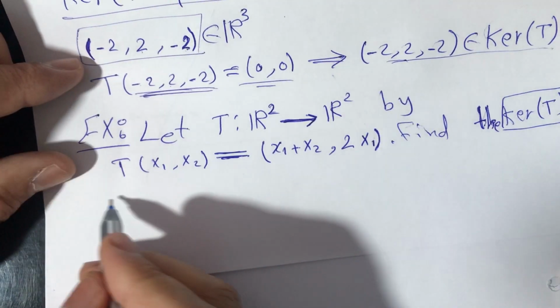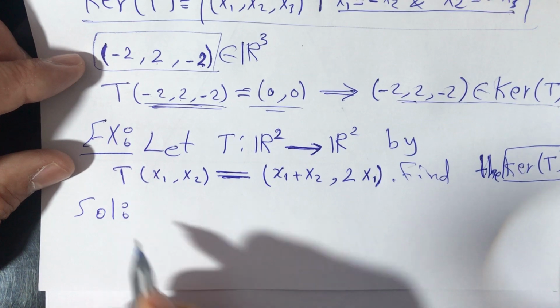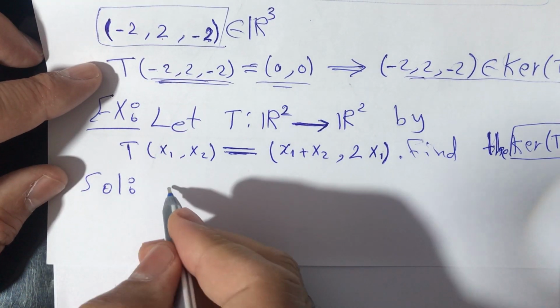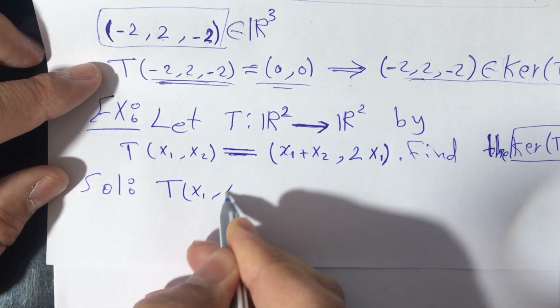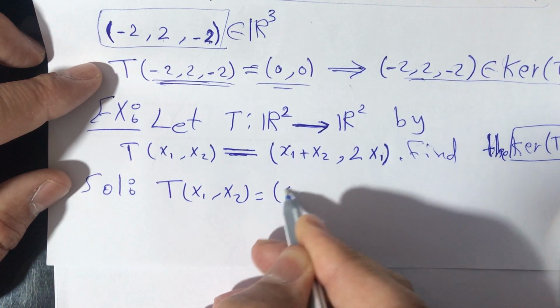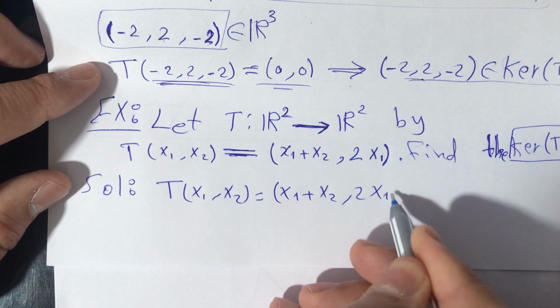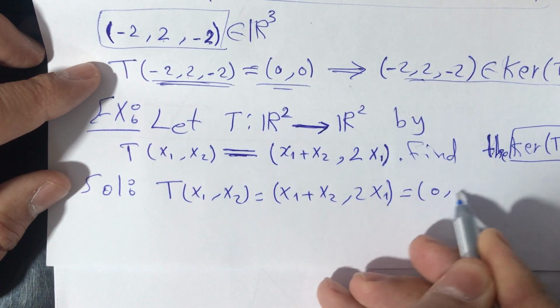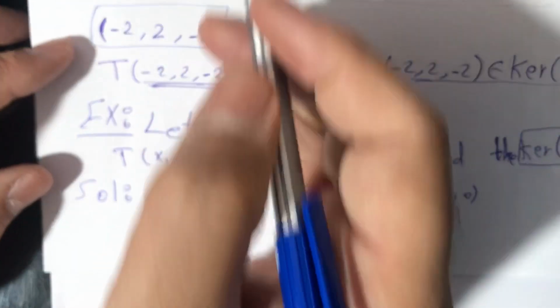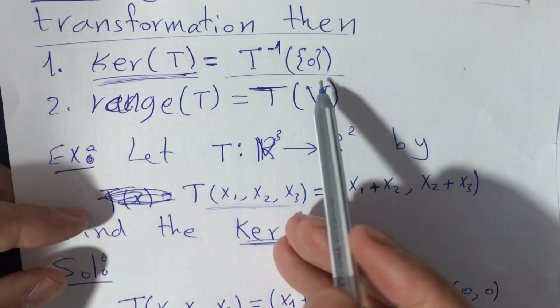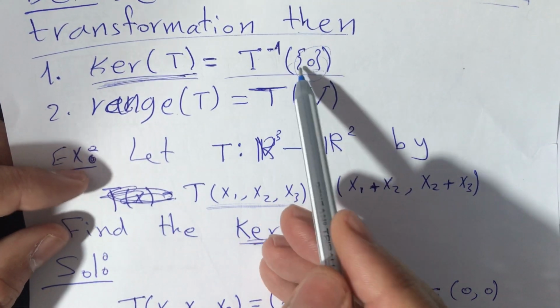The same solution. T of (x1, x2) is equal to (x1 plus x2, 2x1), and make this 0, because by definition this is T inverse of 0.